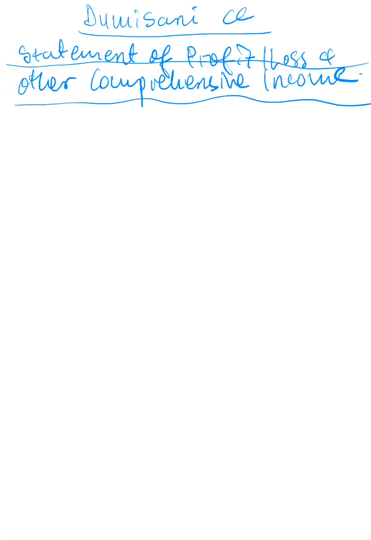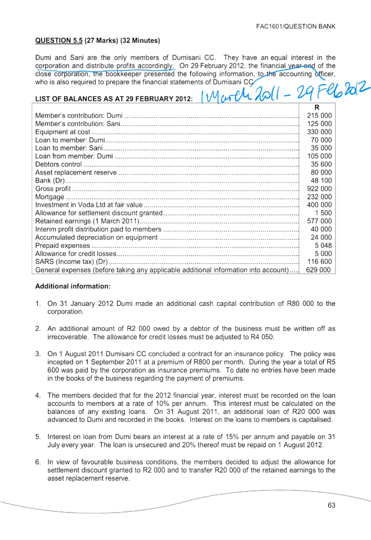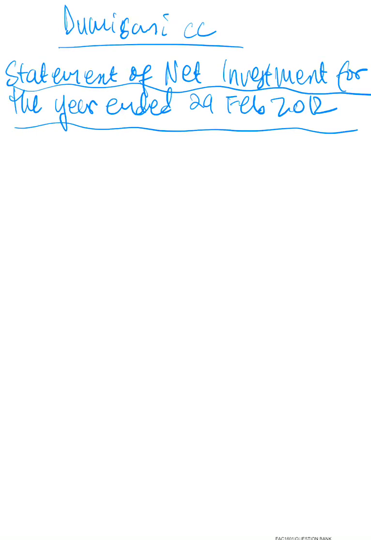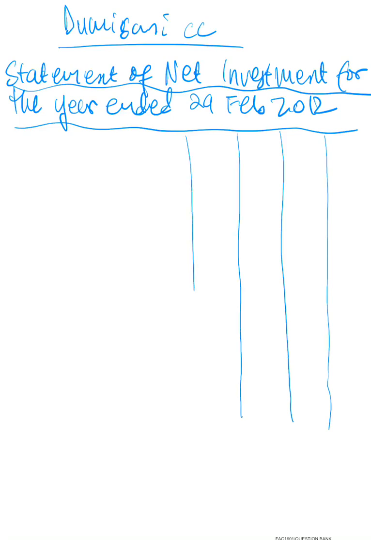So we have to check how many items we are going to have under our statement of net investment. We have members contribution, we have loan to members, loan from member, we've got the asset replacement reserve, we also have the retained earnings. So we should prepare 5 lines there. So it will be 1, 2, 3, 4, 5.